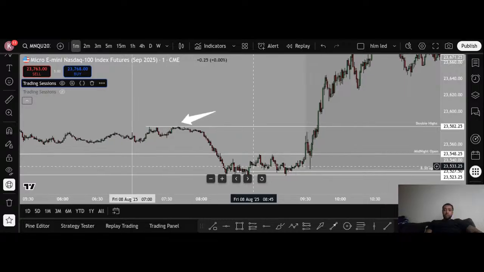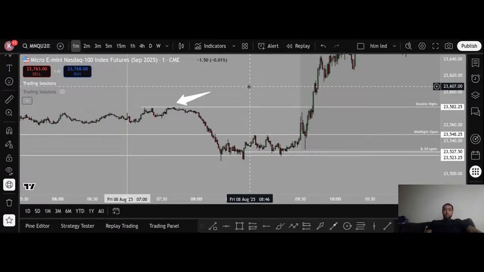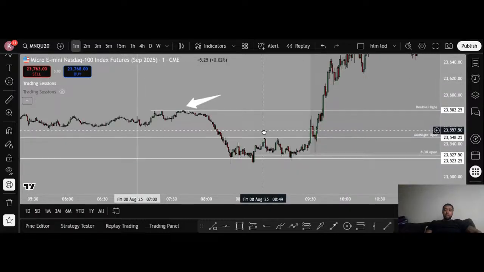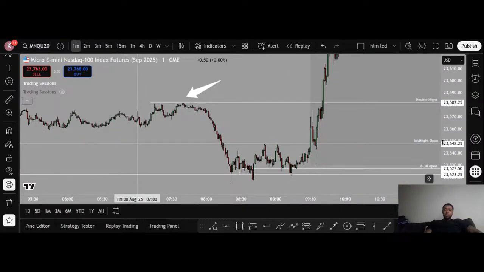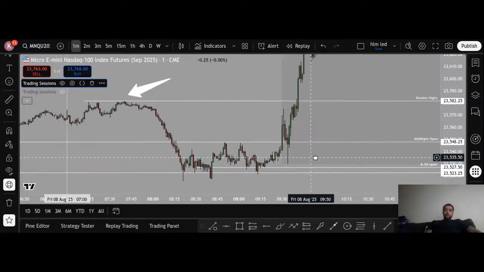So now I'm targeting here. We got external buy side above us.